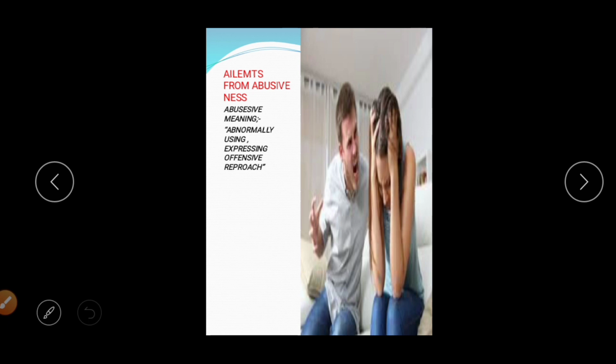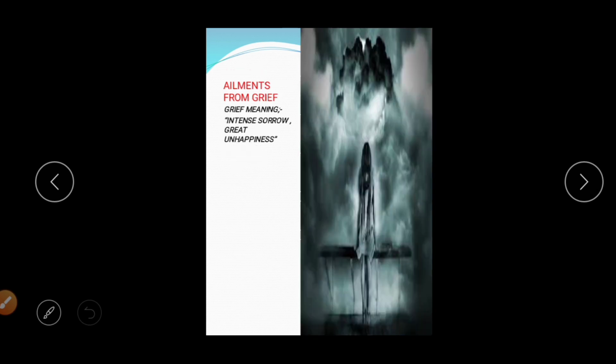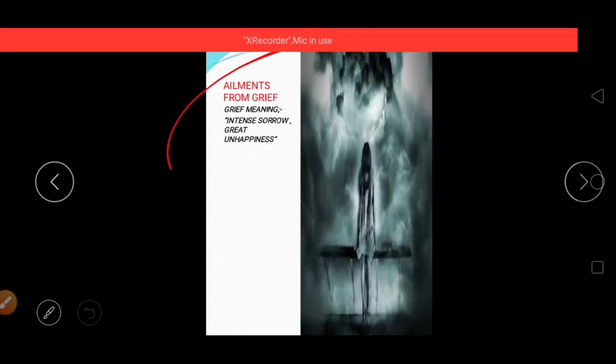So this abusiveness means abnormally using, expressing offensive reproach towards others. This is called abusiveness. The other rubric I have taken is ailments from grief. You already know she has been living with silent grief.